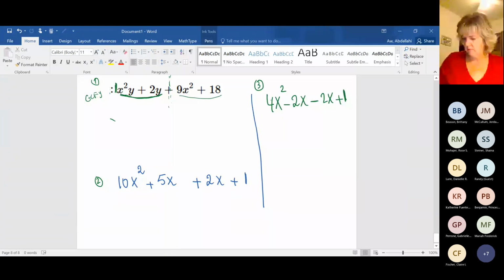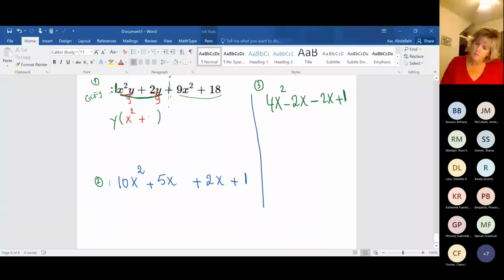So we put y out, and then when we open up our parentheses, we divide everybody by y, right? Divide by y, divide by y. So how much do we get for the first one? 1x squared, it's x squared. And the second term, 2y divided by y is how much? 2.